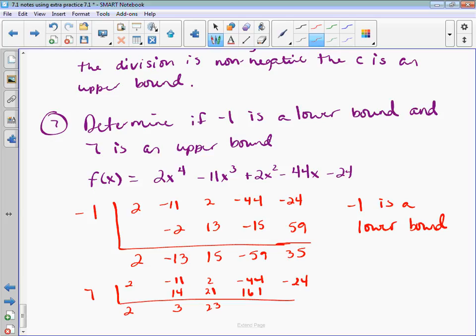And guys, let's think about it, because if you're thinking these are big numbers: -44 plus 161 is going to be a big positive number, and then I multiply it by 7 and get an even bigger positive number. What's going to happen with both of these? They're going to be big positive numbers. I don't care if you write them out as long as you understand they're positive, because then everything there is non-negative, correct? So what does that tell me about 7? Yes. It has to be negative to be a lower bound, and positive to be an upper bound.